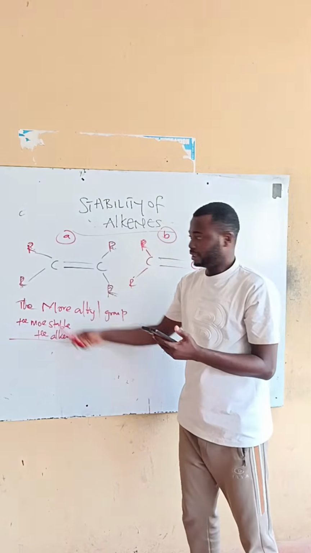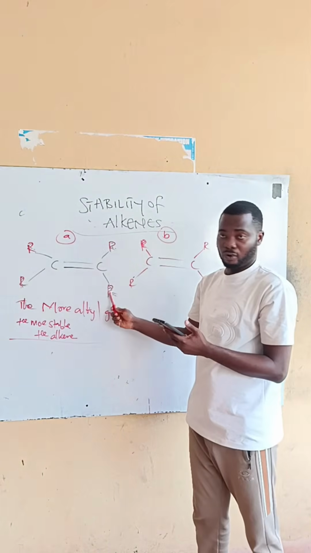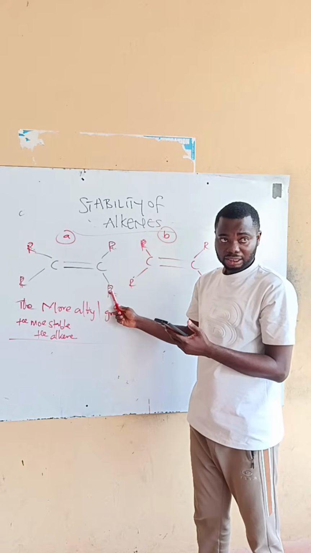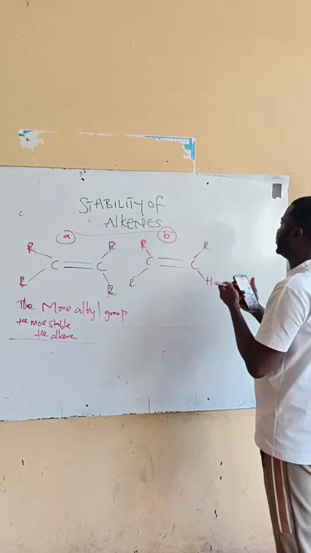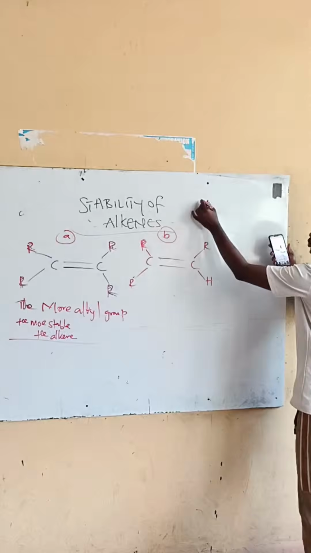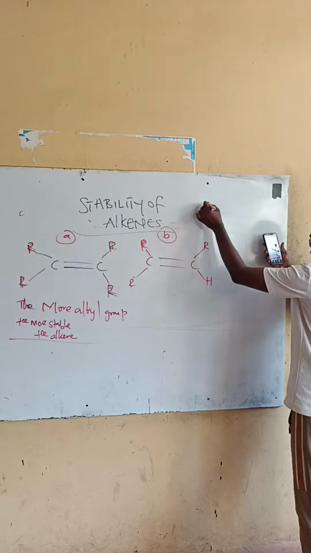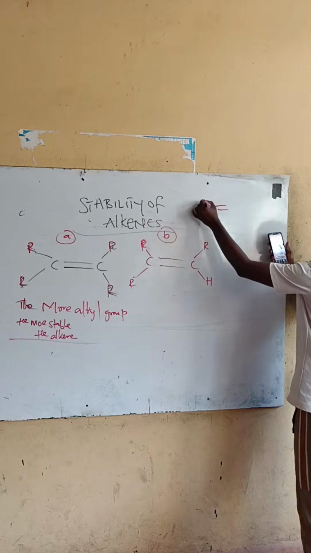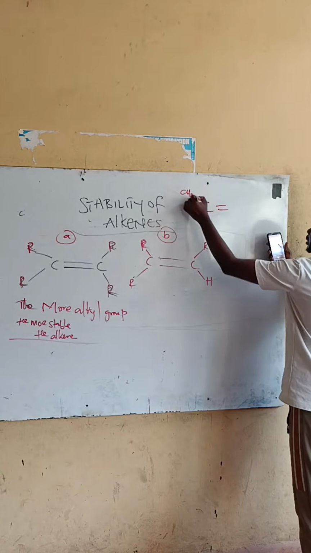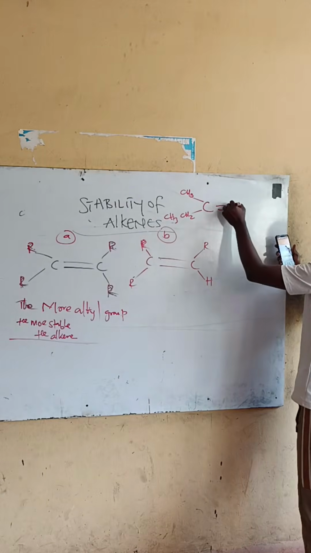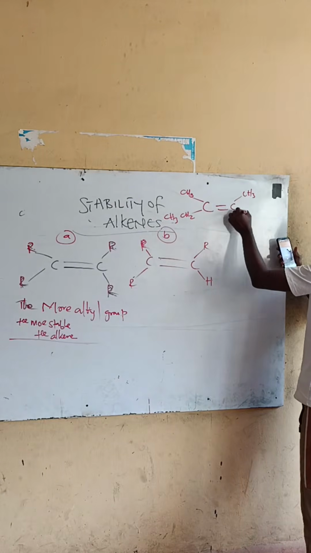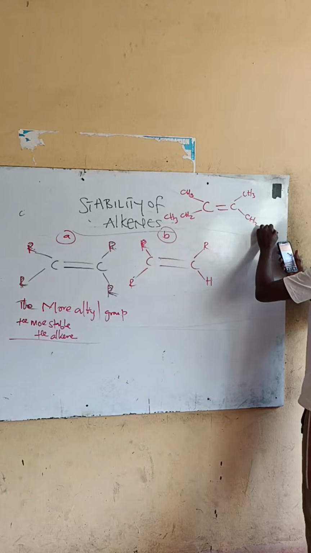Is that okay? This is 1, 2, 3, 4. It's just like having something like this, CH3, CH2, CH3, and something having CH3, and then we have CH2, CH3.